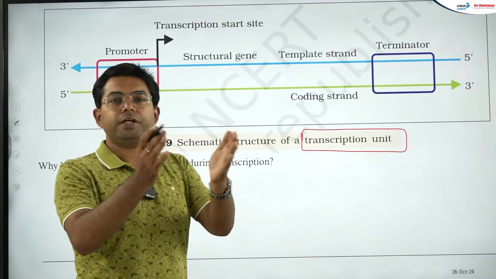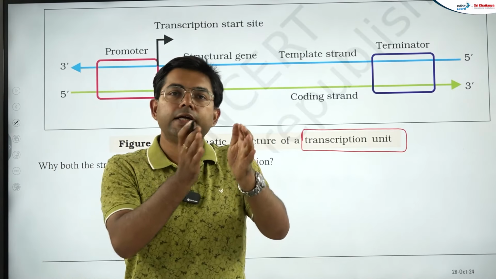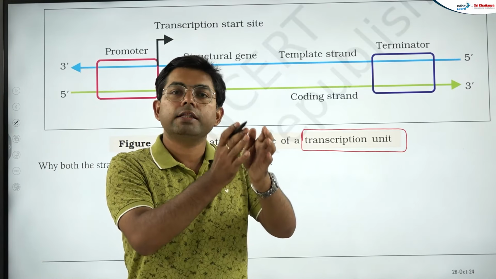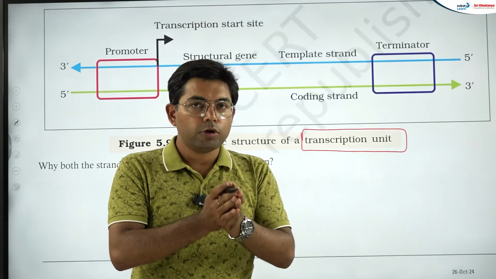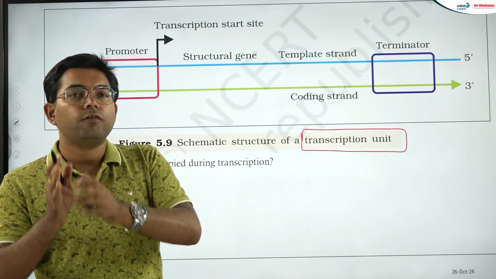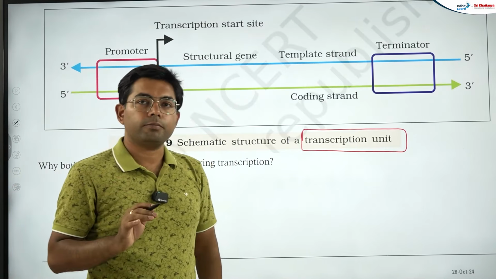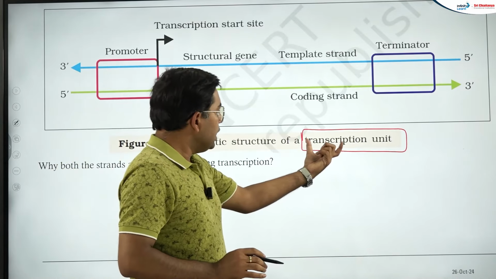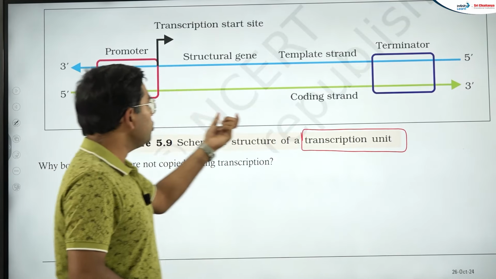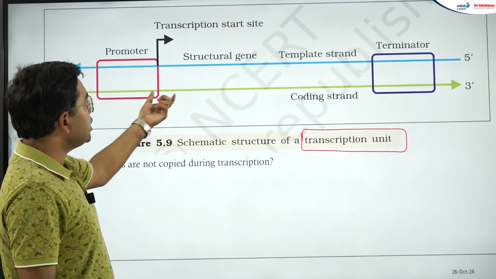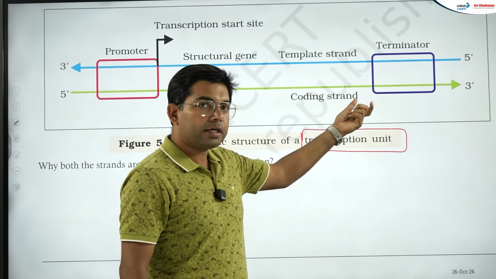And the difference between DNA and RNA remains the same, that DNA will have thymine as the nucleotide, and in case of RNA it will be uracil.